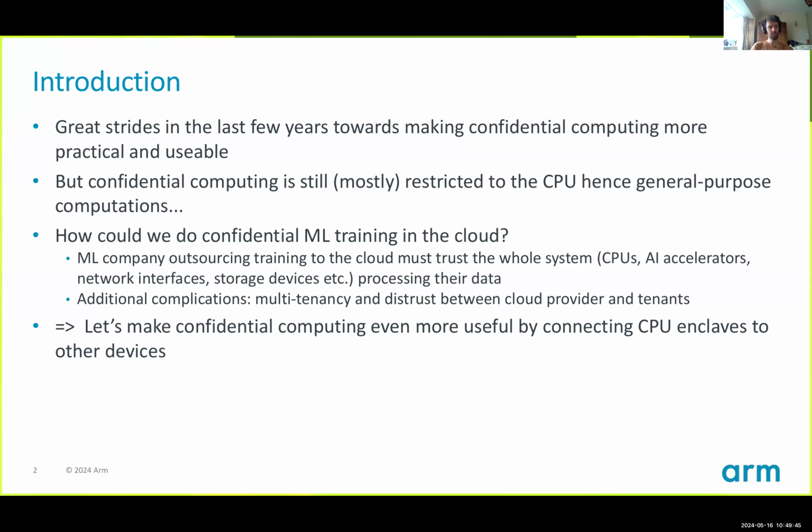That's great, but there's one limit that could be problematic in some scenarios. This limit is that confidential workloads nowadays are still mostly restricted to CPU-centric tasks, so general purpose computations, and that could be a problem in some scenarios.